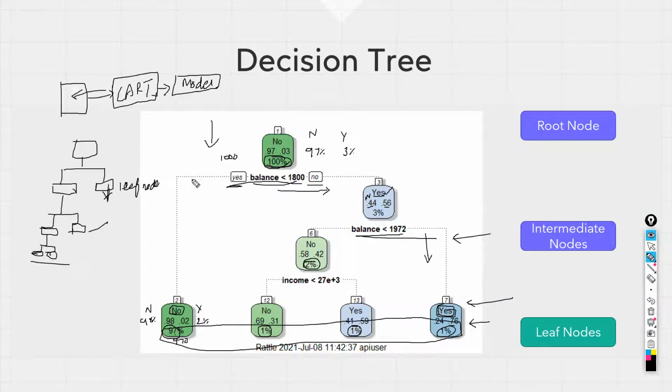In this example, again, we used the Gini index as our measure. Instead of Gini, if we choose entropy as our measure, the formula completely changes.